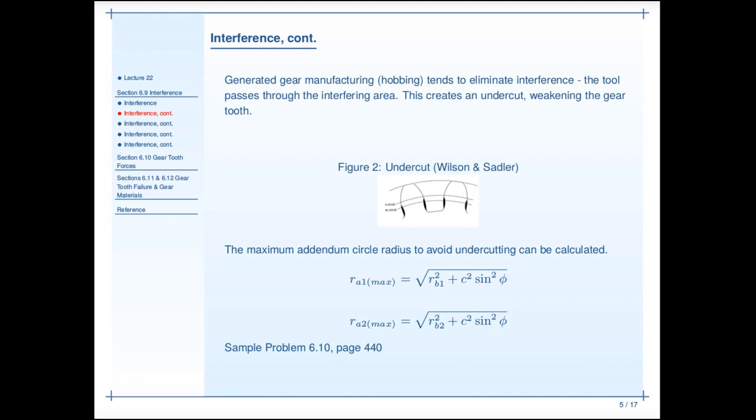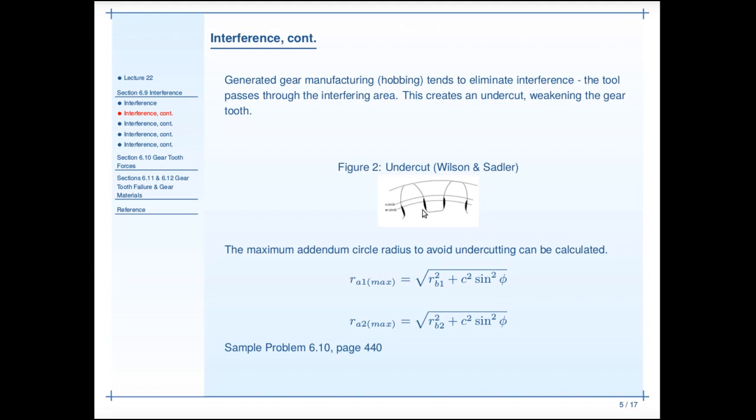When you manufacture a gear via hobbing, which we took a look at in a previous video, any gear tooth contact outside of the involute area would have been cut out of the tooth. So technically it doesn't have interference, but you do get this undercut area, which, as you can imagine, greatly weakens the gear tooth in bending.